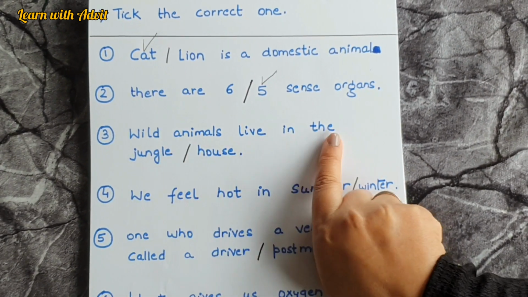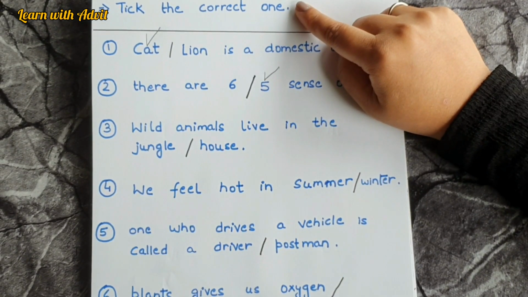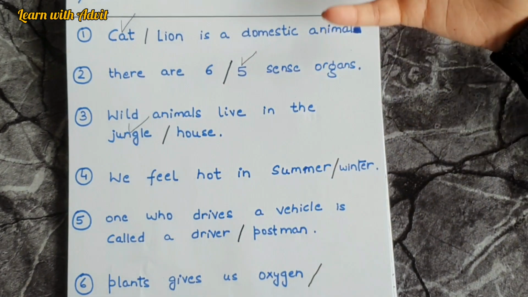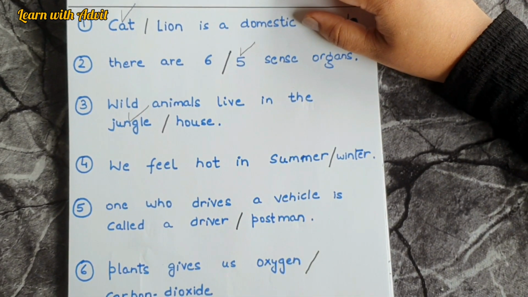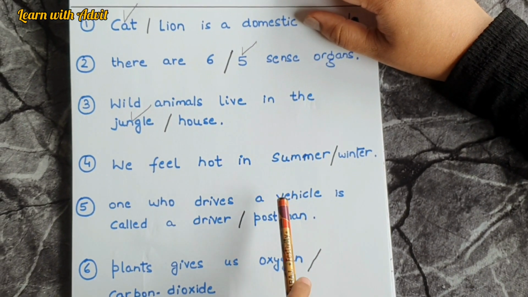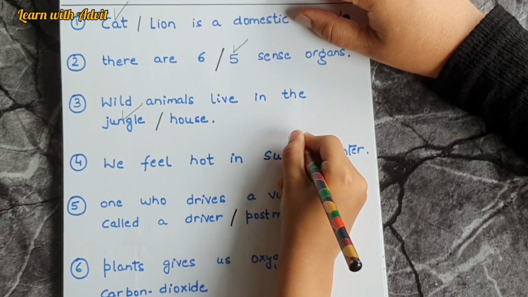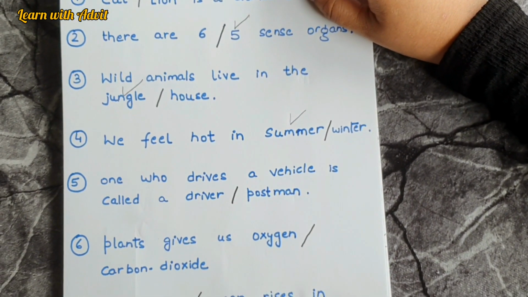So wild animals live in the jungle. Very good. Tick it. Okay, tell me. We feel hot in summer or in winter? Summer. Very good. Tick. What do we feel in winter? Cold. Very good. Because it's snowy.